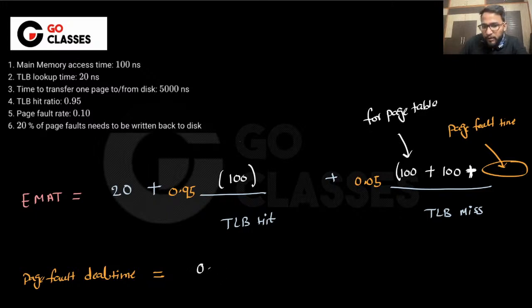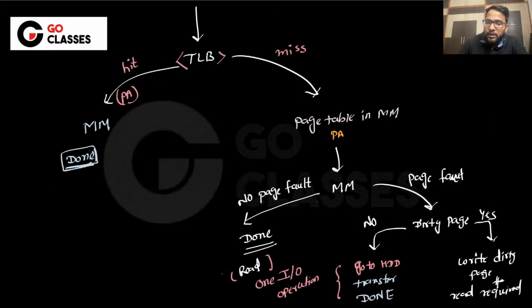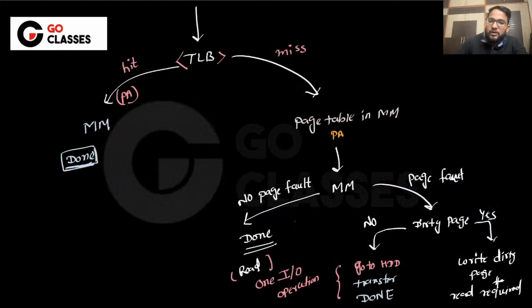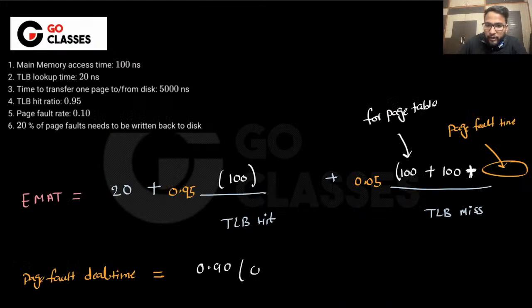If there is no page fault, let me write it first, 0.90. So if there is no page fault, then anyway you are going to access the main memory for the page table, which we have already written, so let's not write it again. If there is no page fault, then I don't think we are going to do anything.